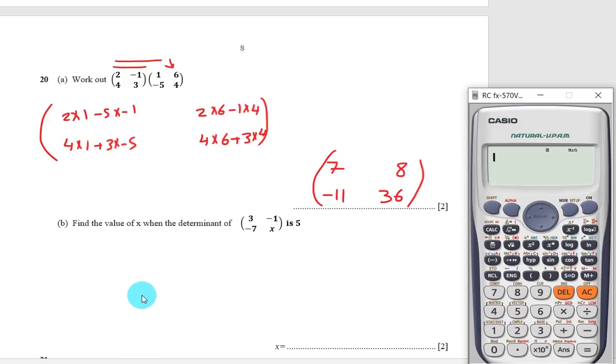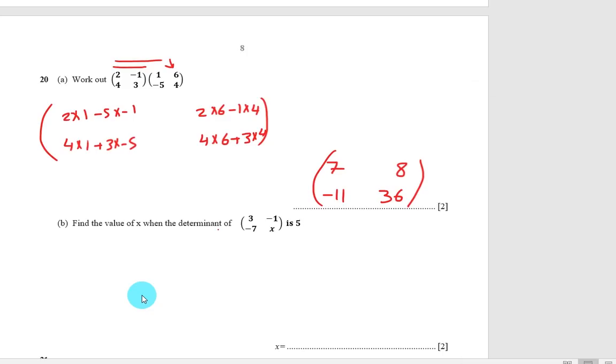Let us go ahead and see the second question. Find the value of x when the determinant of this matrix is equal to 5. The determinant of the matrix is equal to 3 times x minus 1 times minus 7.